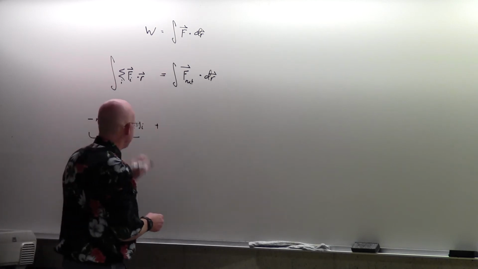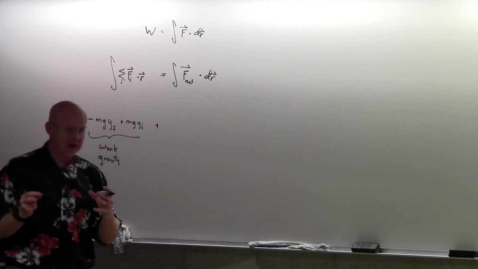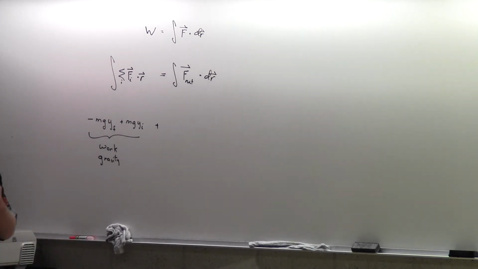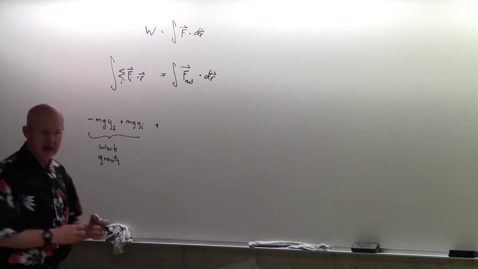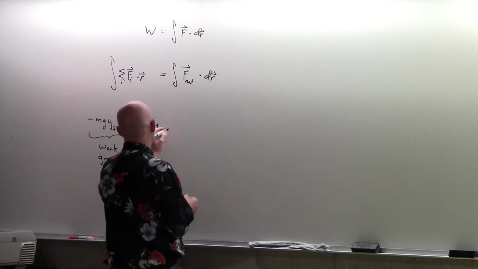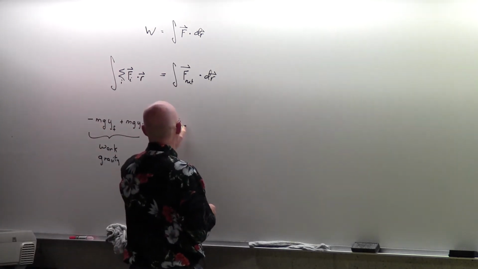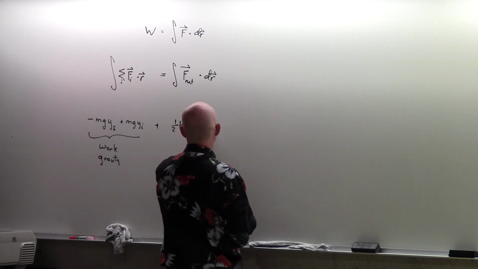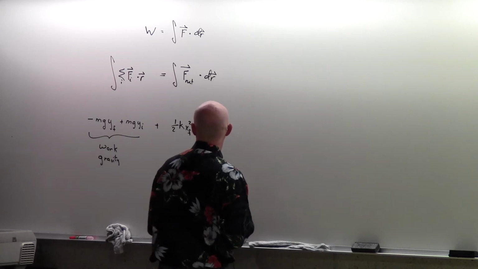We went on and looked at other forces. Another one we had was a spring. We said, okay, what if you had a spring involved? That's where we spent some time talking about Hooke's law. When we did that one, we came up with a 1/2 kx squared final minus 1/2 kx initial squared.